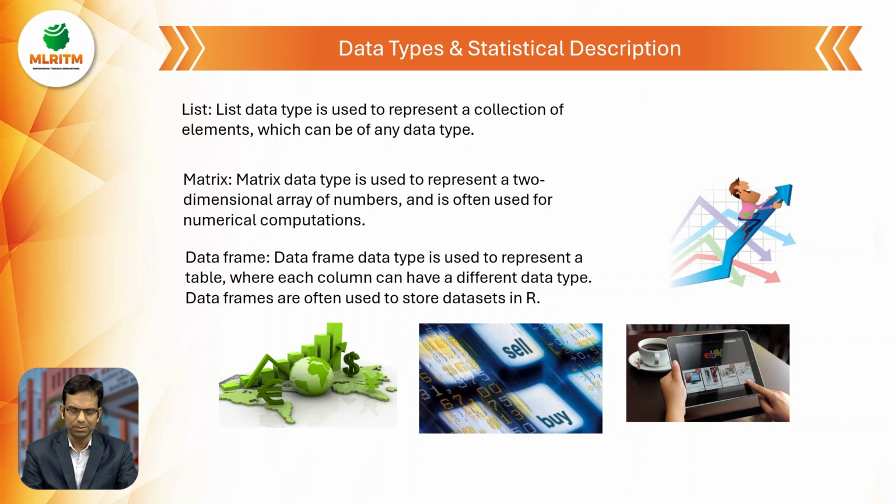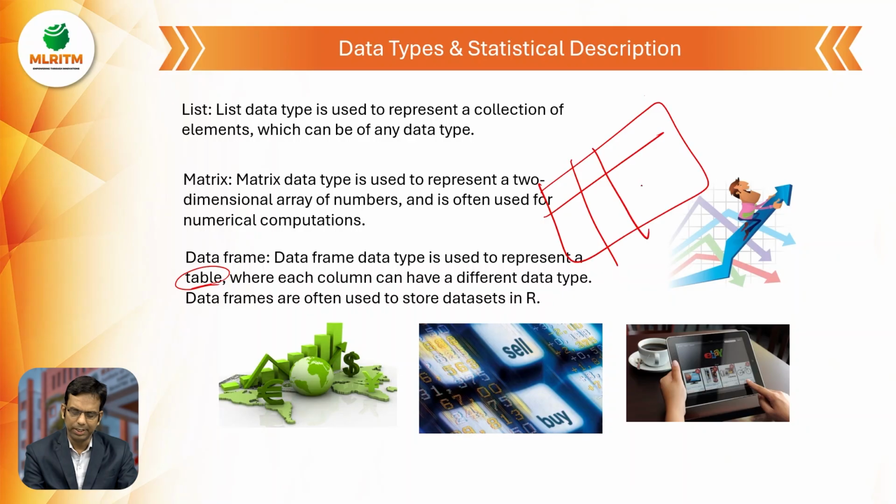Here in data frames, we have the data in a table form, purely in the form of a table structure. A table structure represents what? A table structure has different types of entities and different types of records. Entities are nothing but field names, and records are nothing but the data we write in the respective field names.